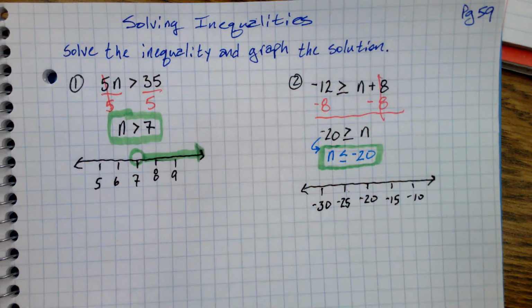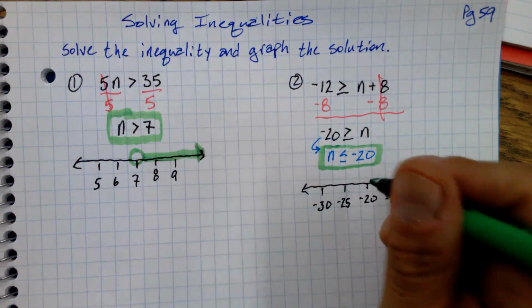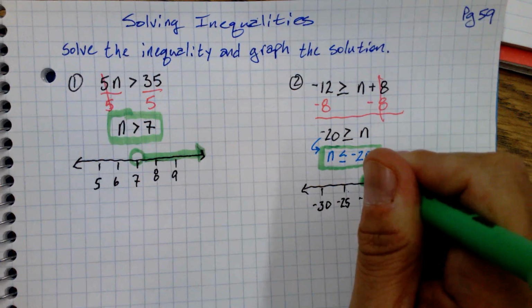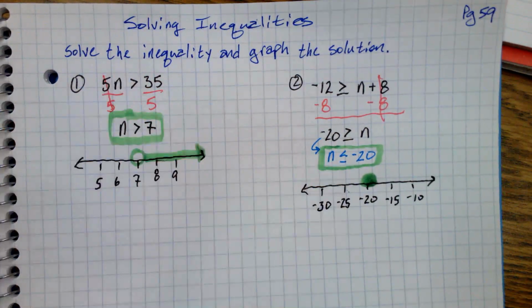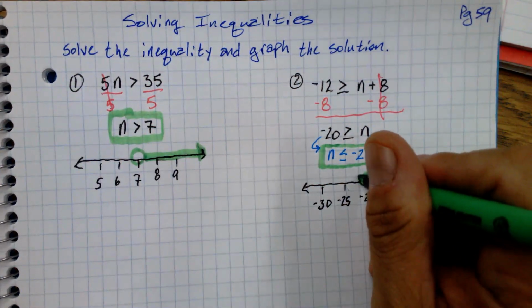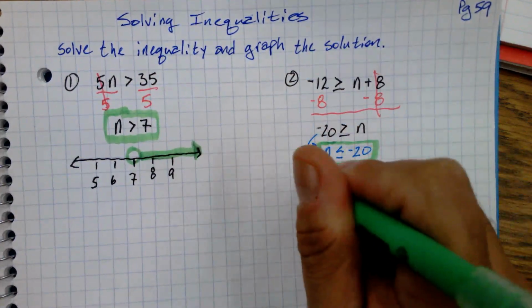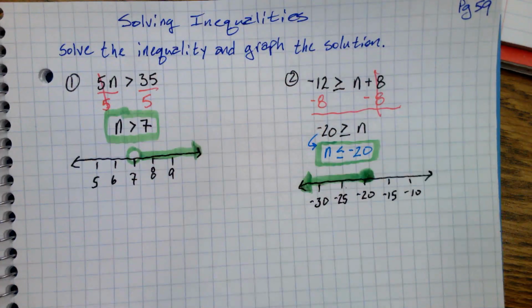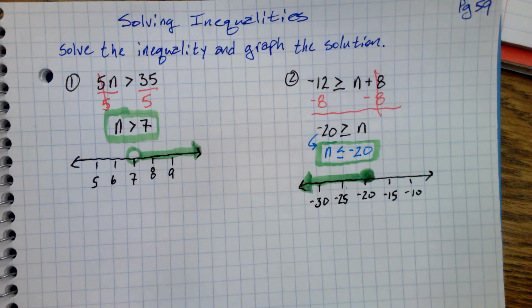Remembering we are on the negative side of things, so this is how the numbers work on the number line. Okay, so if we're graphing this now, negative 20, is it part of our answer? Yes. So that's a closed point. And this is telling us everything to the left. Not too bad, right? Okay, so we're going to move on from one-step inequalities. Let's go on to two-step inequalities.